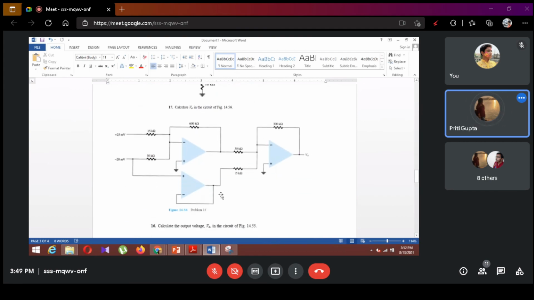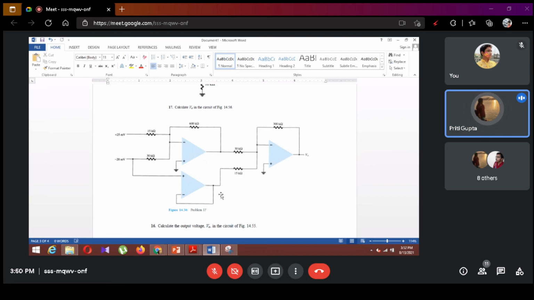I mean this one. Calculate V output in the circuit. Voltage subtraction. In the next class, I'll tell you this one. Voltage subtraction, or voltage as a subtractor.